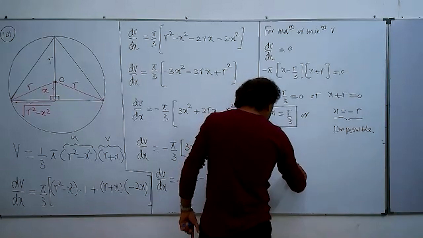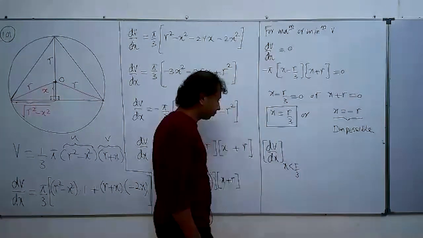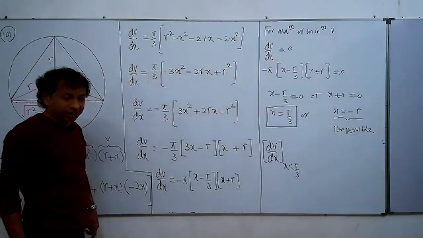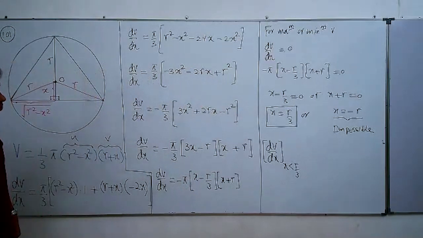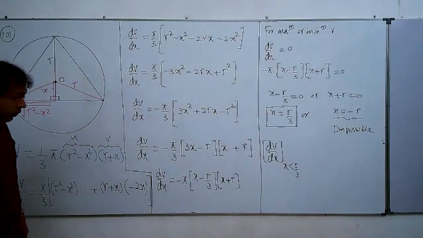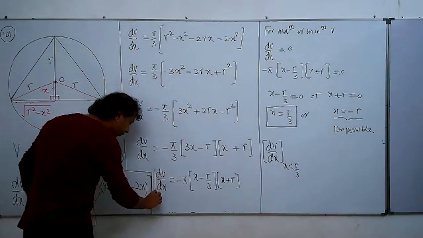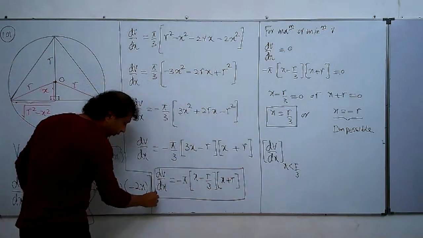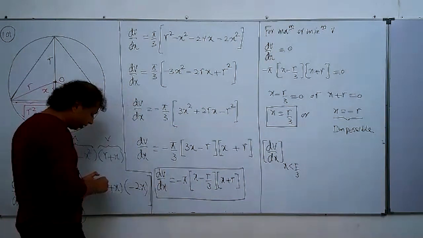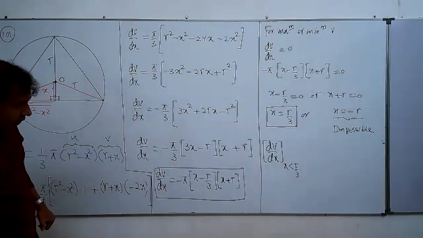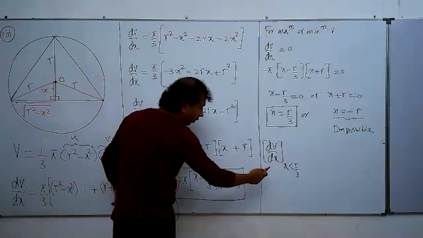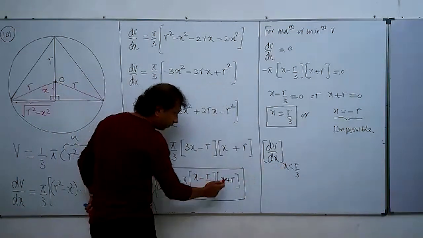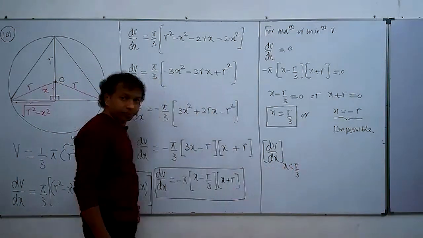for x less than r by 3. Yeah, this is the dV by dx expression. We have to find the sign of this dV by dx when x is less than r by 3.